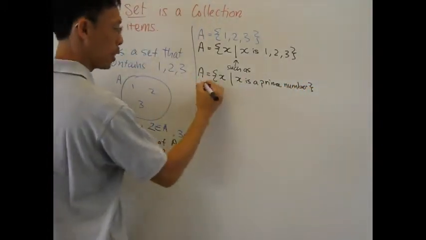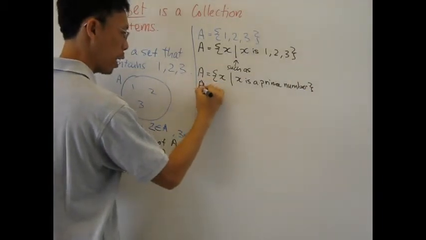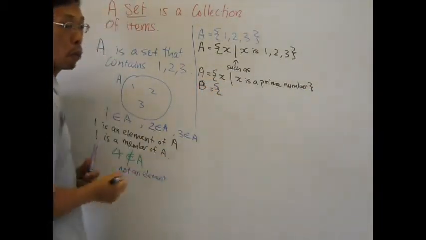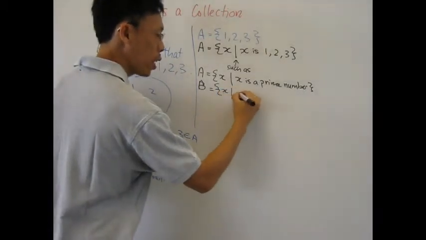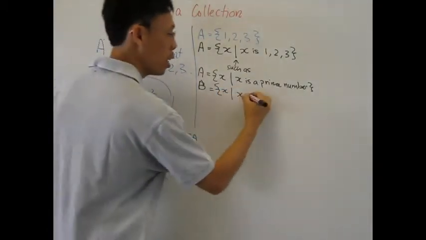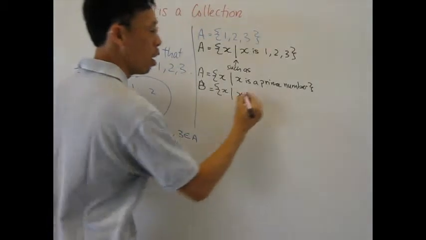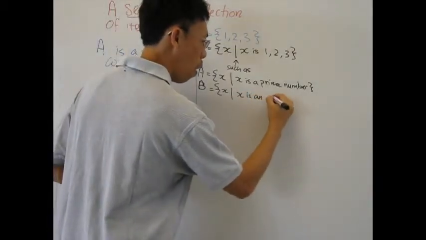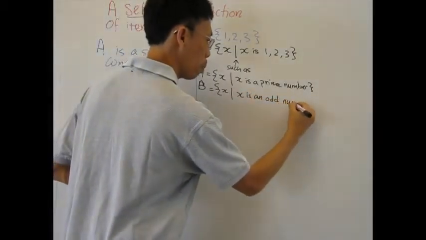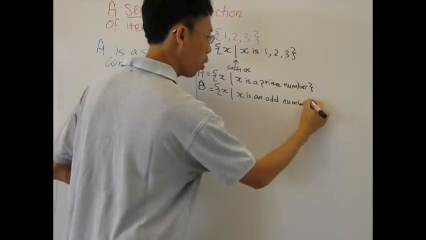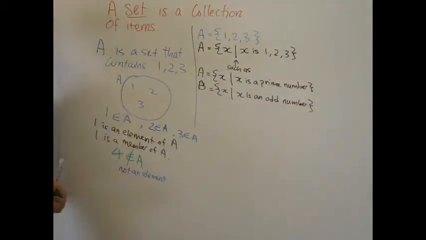Or, for example, I have another set B. B could be {x such that x is an odd number}. So these are in terms of conditions. I can write it that way.